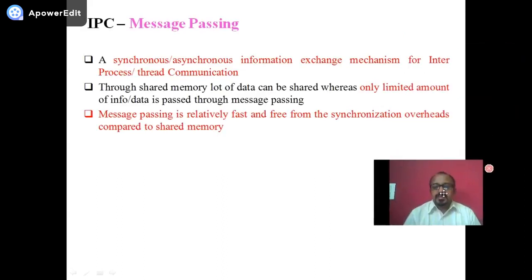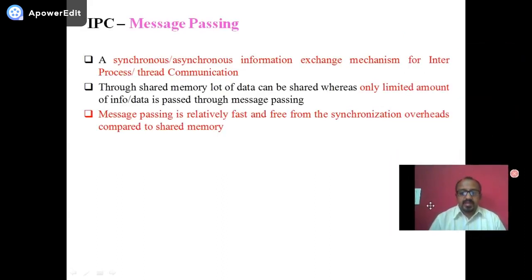Next, message passing, another technique. This is a synchronous information exchange mechanism for inter-process or thread communication. Only a limited amount of information is passed through message passing, whereas compared to shared memory, message passing is relatively fast and free from synchronization overheads.